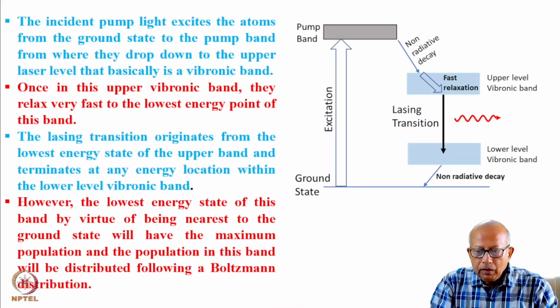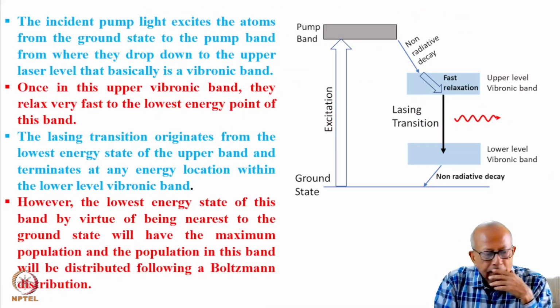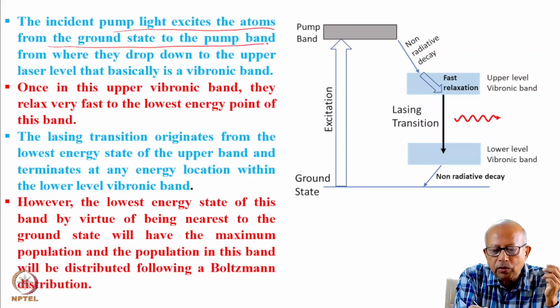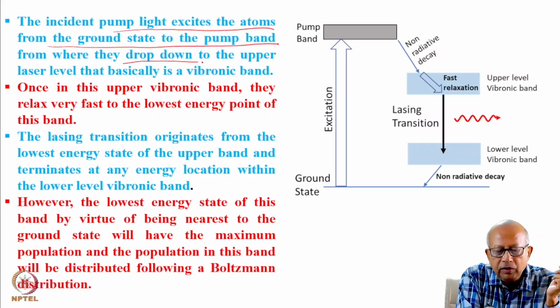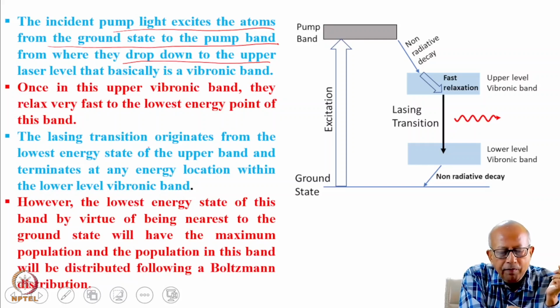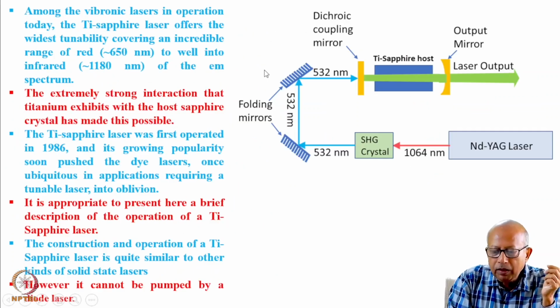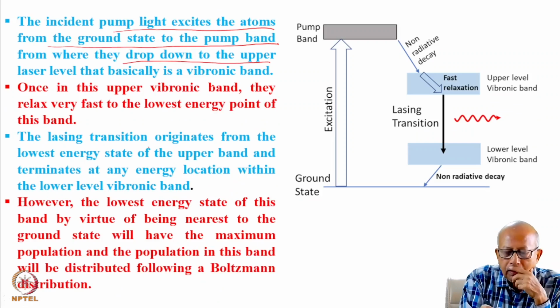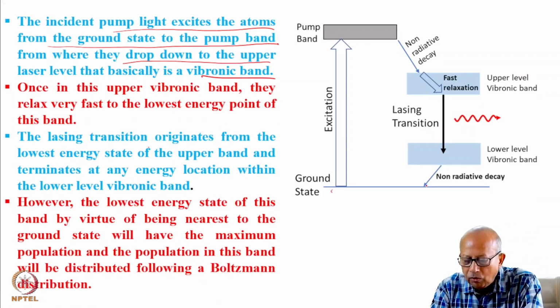So the incident pump light excites the atom from the ground state to the pump band, from where they drop down to the upper laser level. That basically is a vibronic band. So this is your ground state.